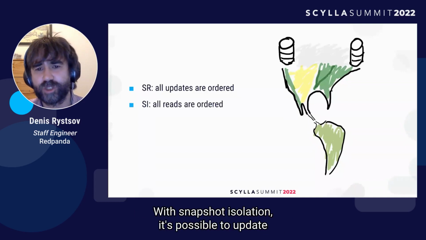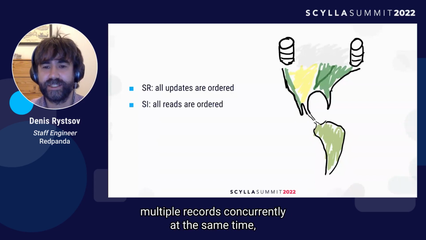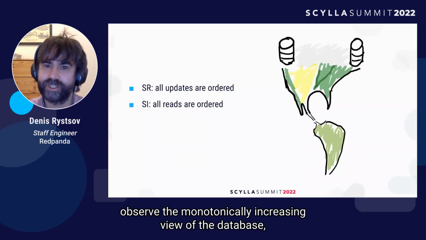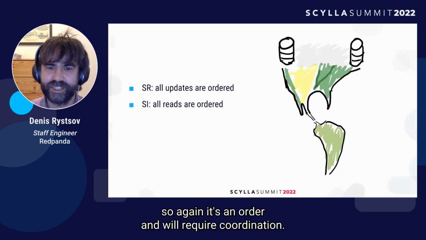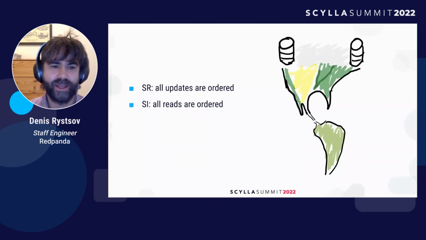With snapshot isolation, it's possible to update multiple records concurrently, but it requires that all of the reads observe a monotonically increasing view of the database. So again, it's an order, and we require coordination.